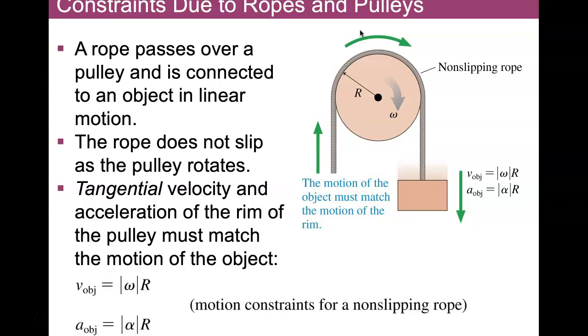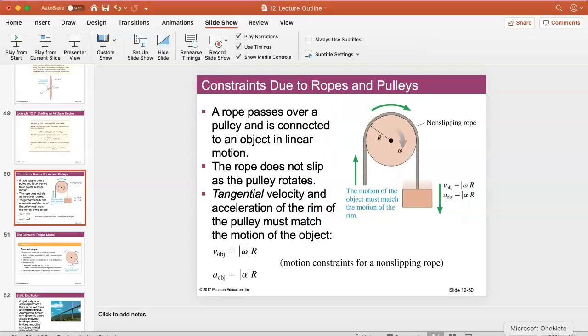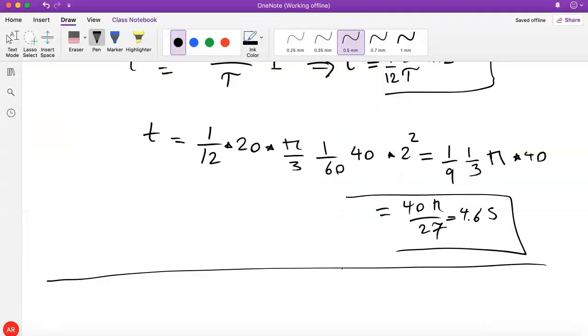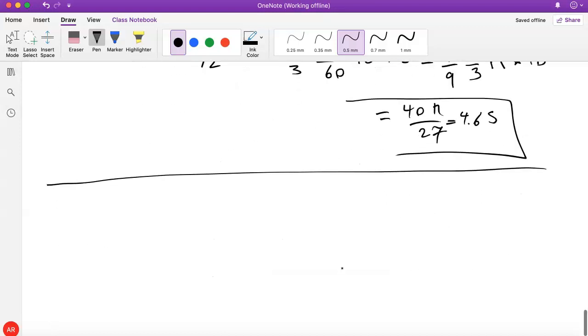When we say they're not slipping, it means there's no relative motion between the pulley and the rope. So let's think a little bit more about this: constraints on ropes and pulleys.